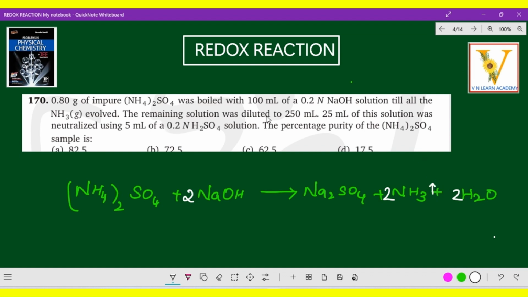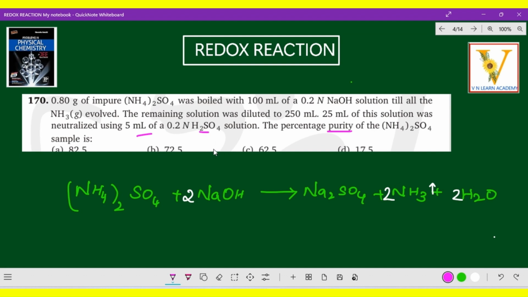The remaining solution was diluted to 250 ml. 25 ml of this solution was neutralized using 5 ml of 0.2 N sulfuric acid, H2SO4 solution. The percentage purity of ammonium sulfate sample. So here they have given only that sample, that is 0.80 gram of impure ammonium sulfate.